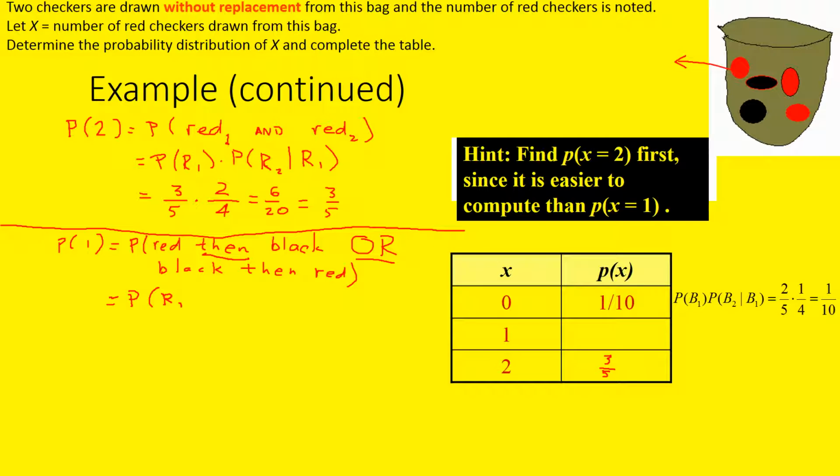Probability red on the first and black on the second is probability of red on the first times the probability of black on the second, given that you really did have red on the first.